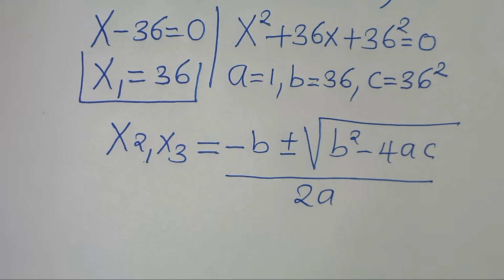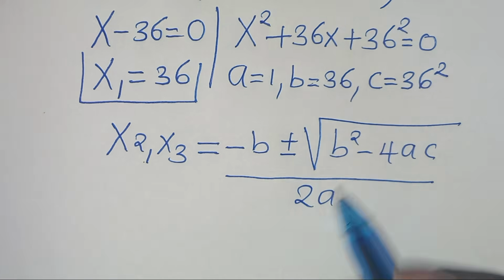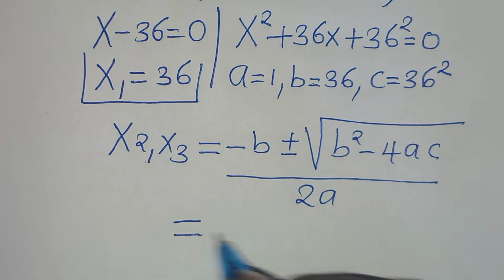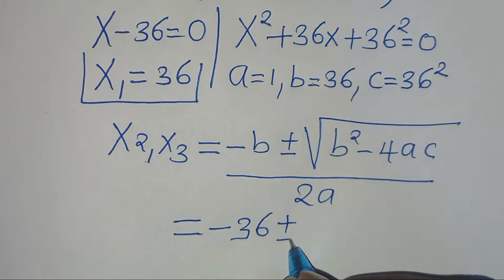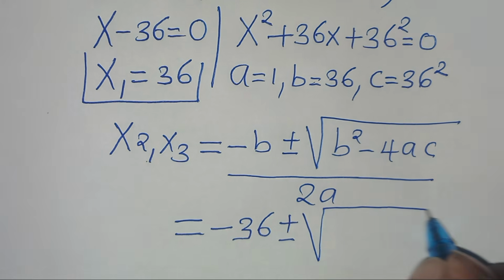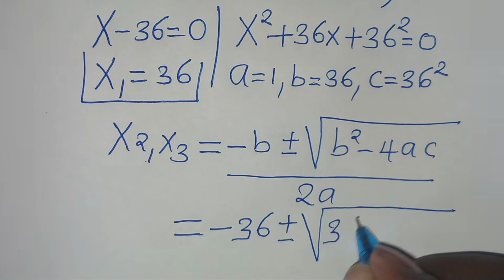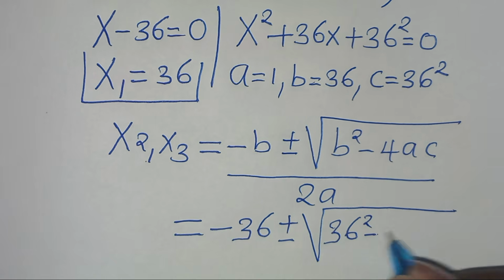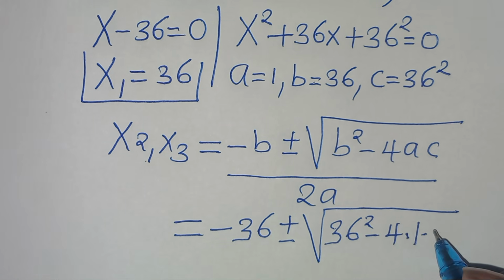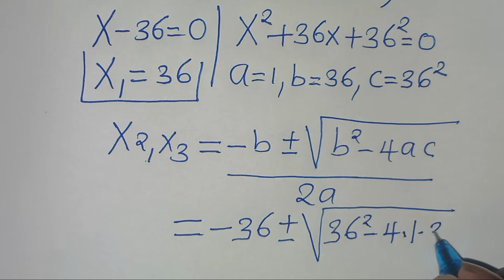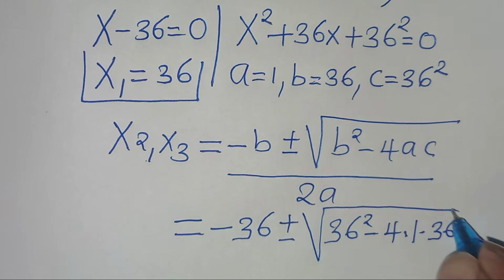So let's substitute the values of a, b, and c in this formula here, so that we have negative 36 plus or minus, we have the square root of 36 raised to the power of 2 minus 4 multiplied by 1, then multiplied by c, which is 36 raised to the power of 2.